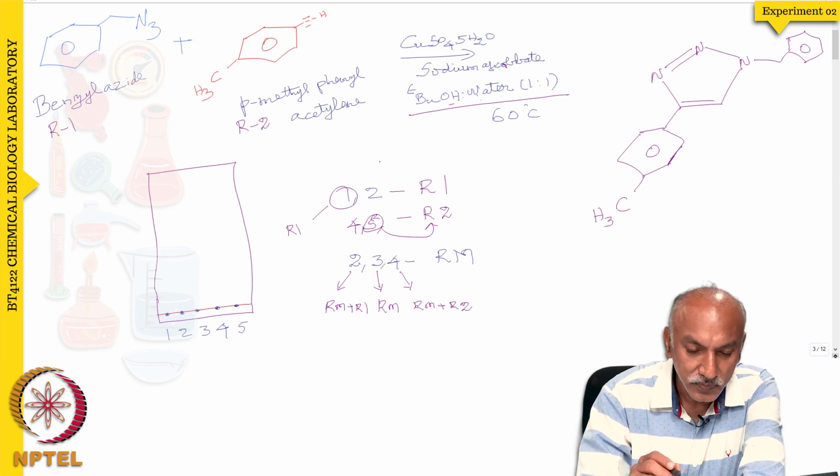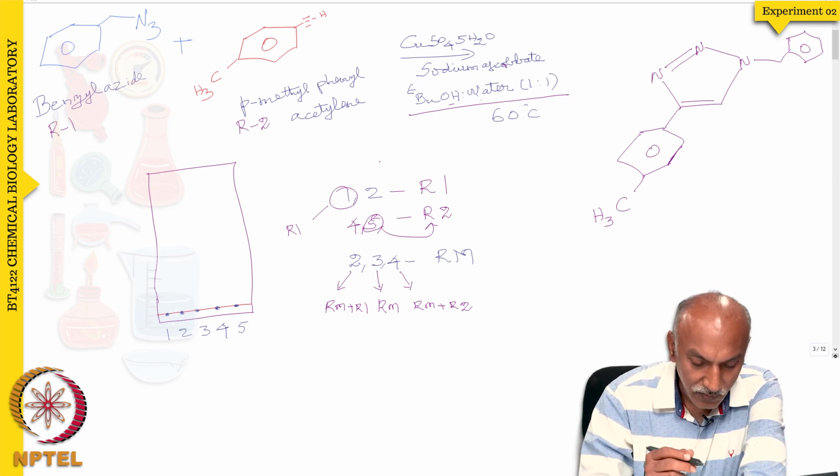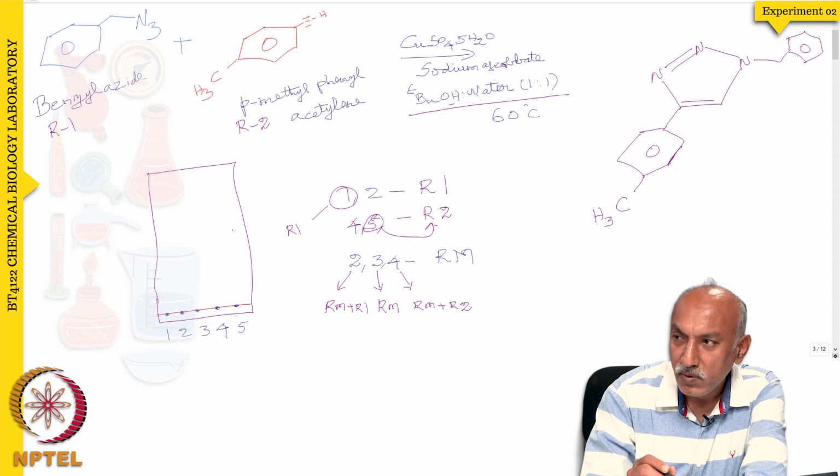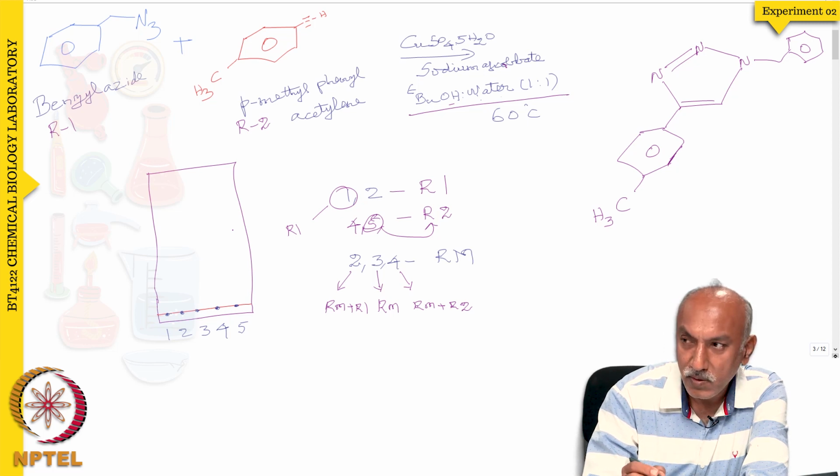For example, you have reactant 1 benzyl azide, let us say I do not know its Rf value, 0.5, benzyl is 0.9. Eluent: hexane, ethyl acetate 20%.